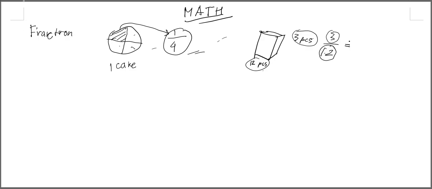And we can simplify this. We divide by 3, because the greatest number that we can divide this by is 3. So it becomes 1 per 4. So everyone has 1 per 4 box of chocolates. We can say it like that.